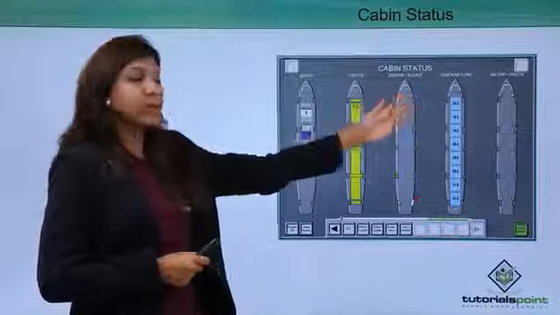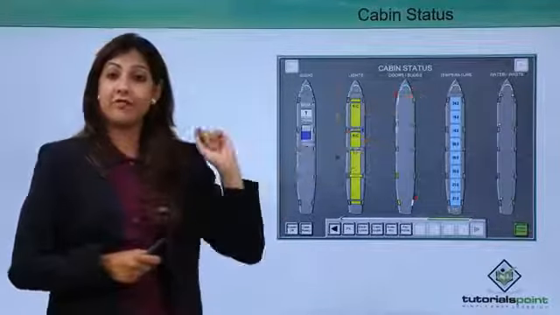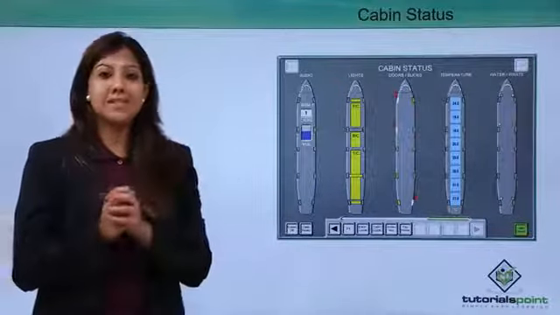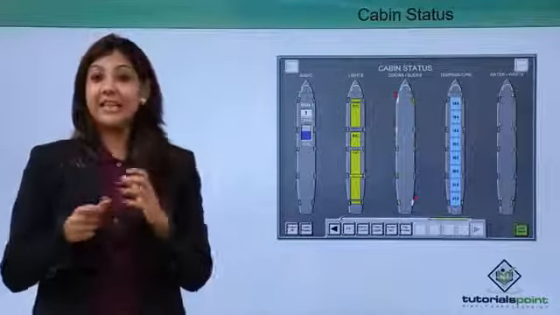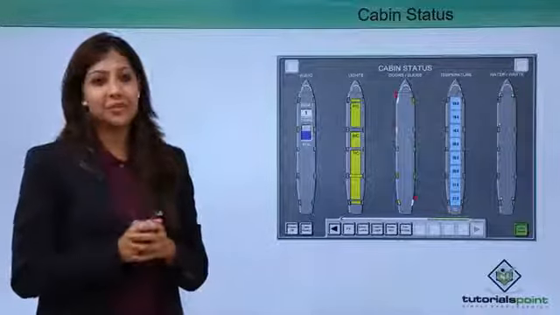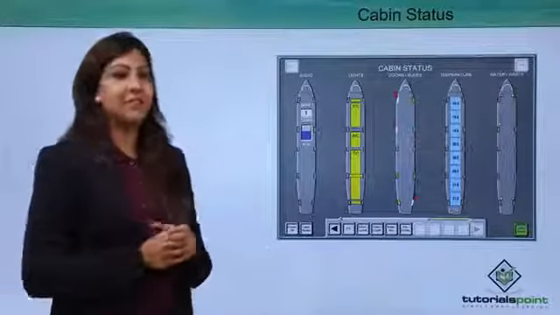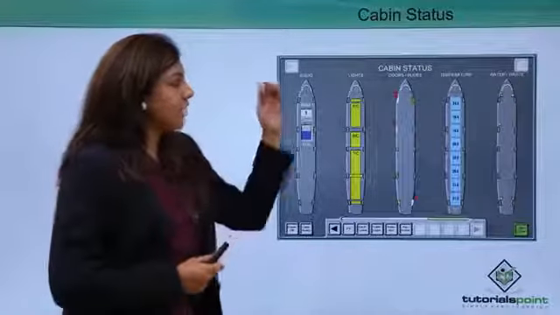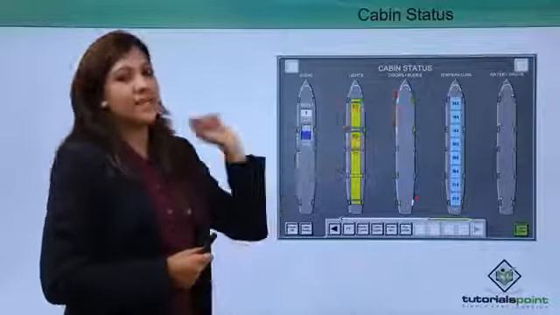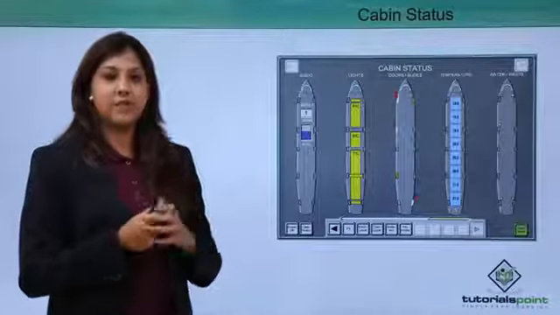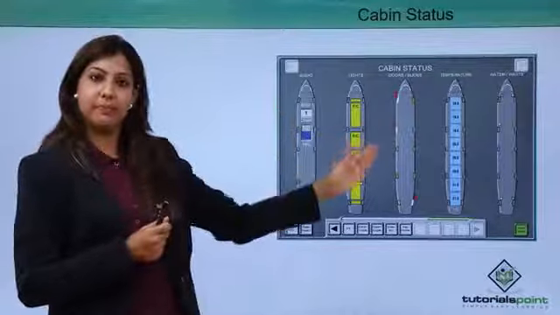She can also control the temperature of the aircraft. Now, if it gets very cold inside the cabin, she can actually decrease the temperature or increase the temperature depending on the need of the passengers in the aircraft. And she also has the water and waste slide on this particular page.